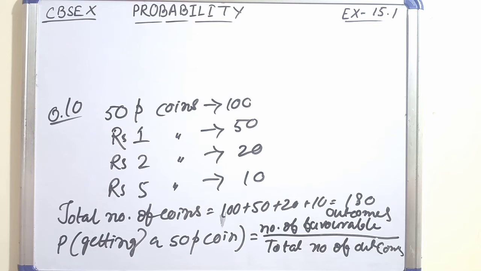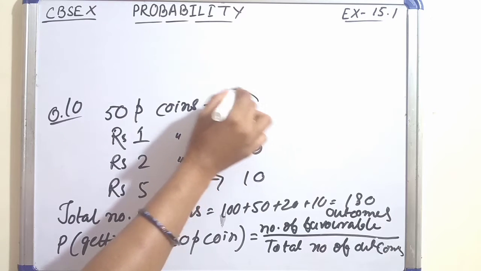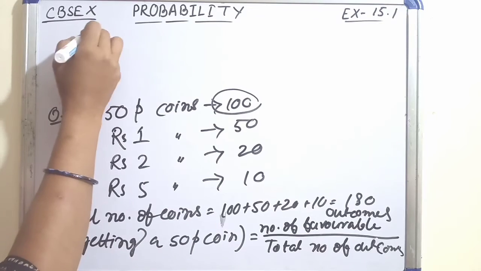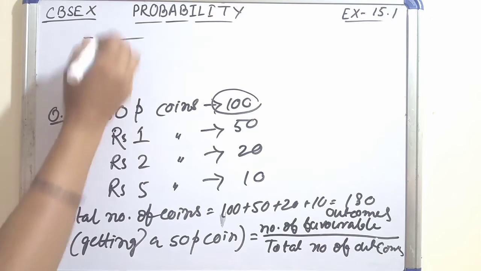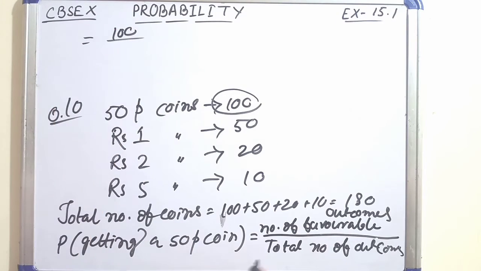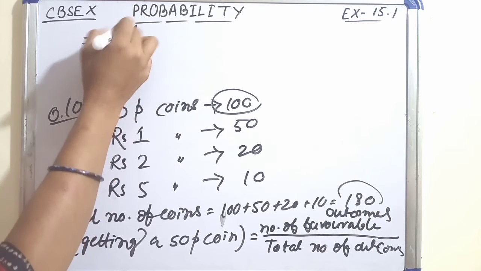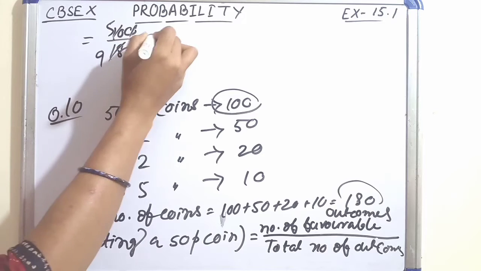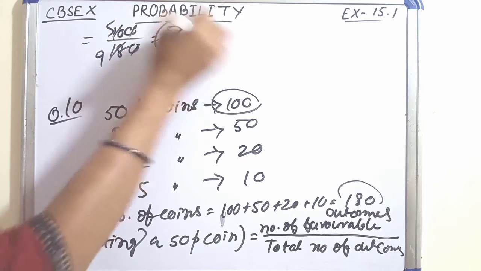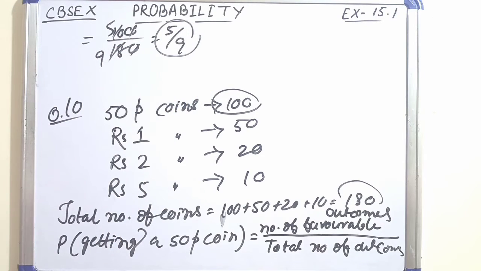Here number of favorable outcomes is 100, so 100 upon total number of outcomes 180. The zeros cancel out, 2 fives are 10, 2 nines are 18, that means 5 upon 9. That's the answer.